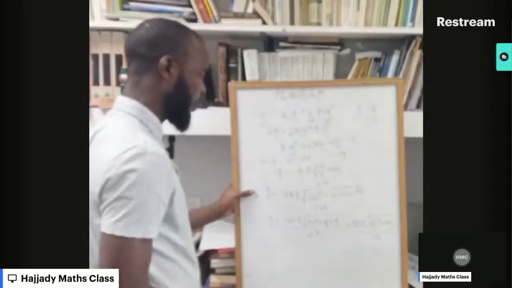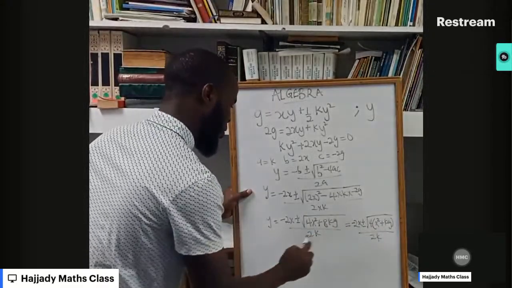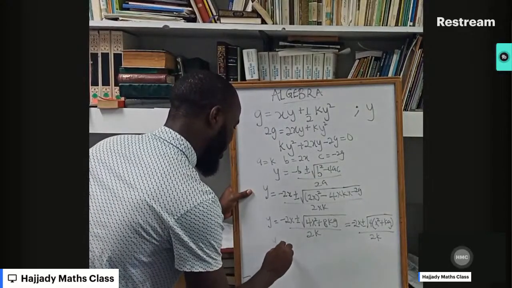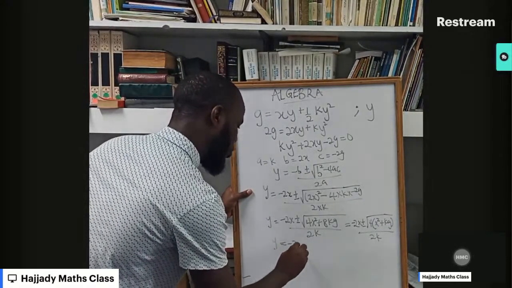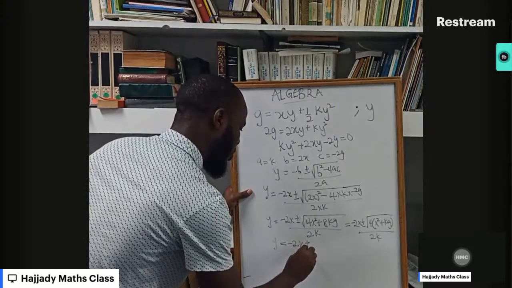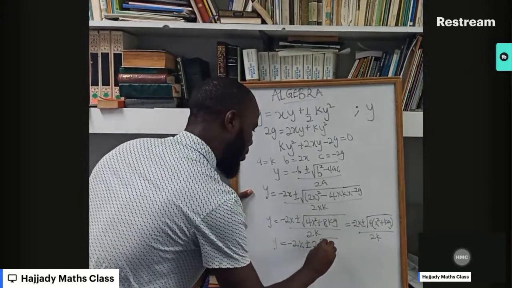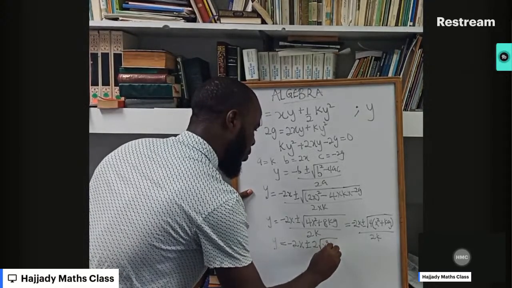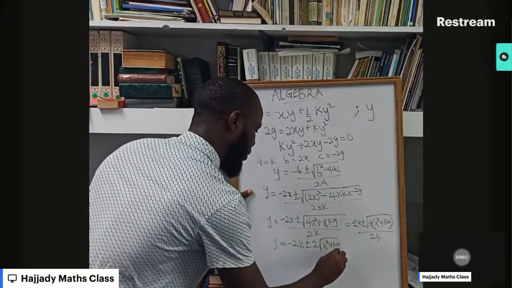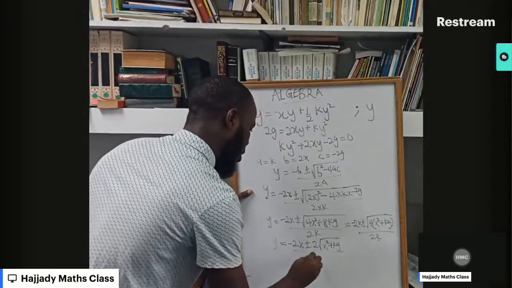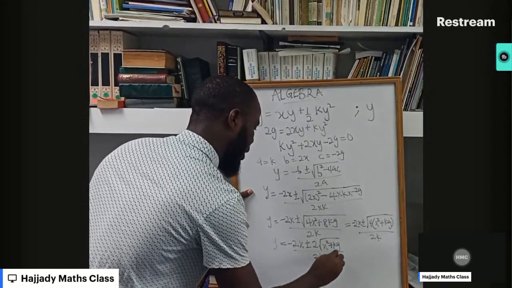So going forward, the square root of 4 is 2. So this can be written as negative 2x plus or minus 2 root x squared plus kg all over 2k.